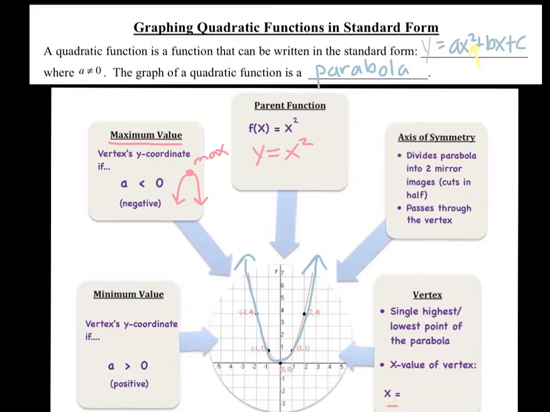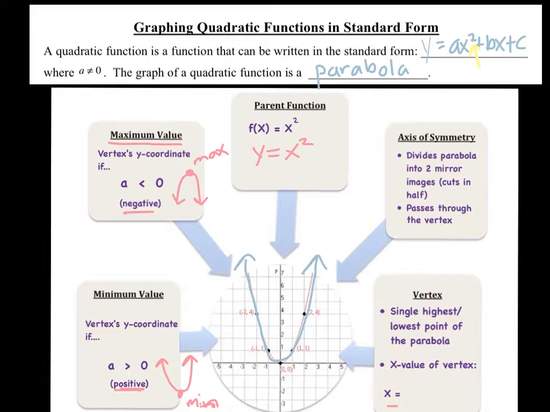So when do you have a min value, meaning you have a point at the bottom of your parabola? That's if your a is positive, and then you would have a point at the bottom. And that's going to be a min. And to this day, guys, I still draw them out because for whatever reason, I always think opposite.